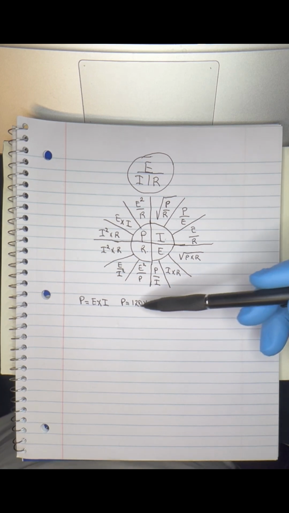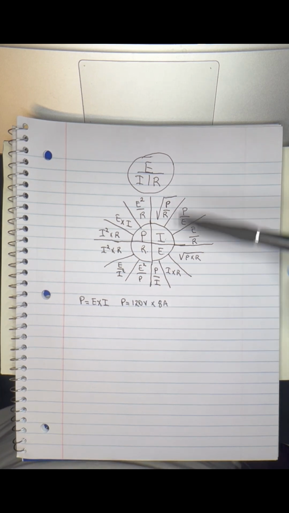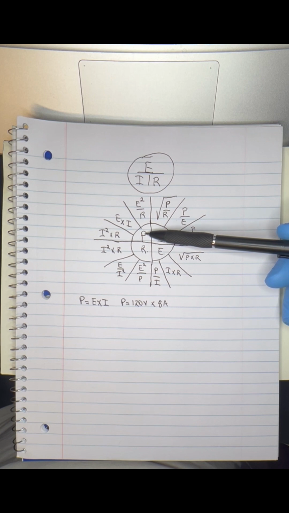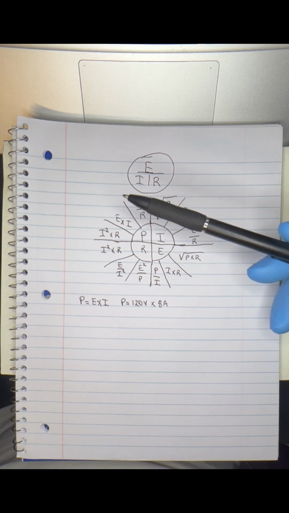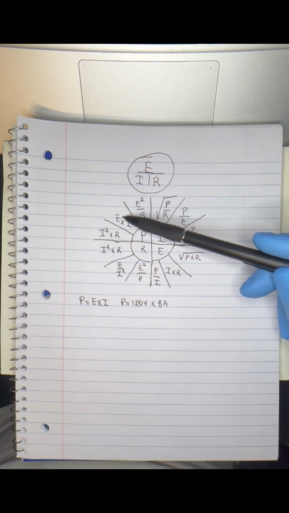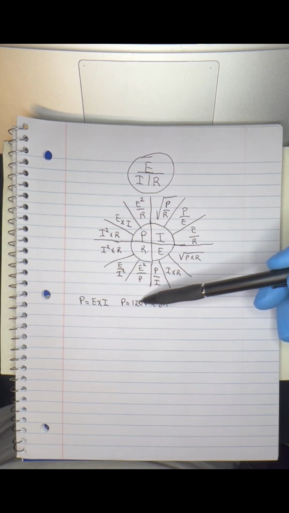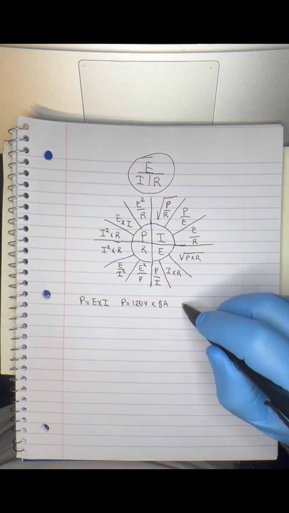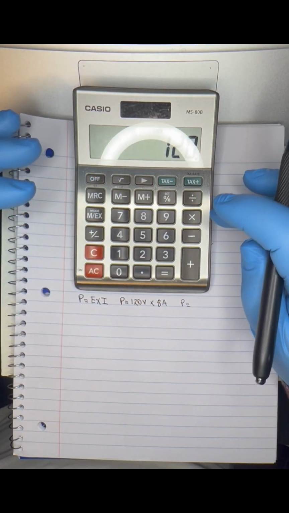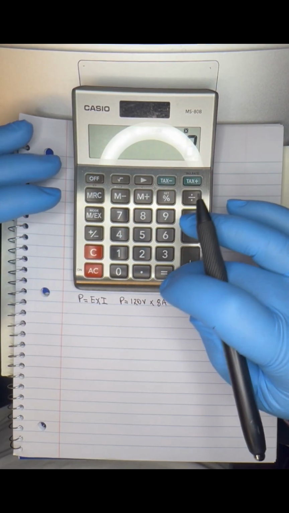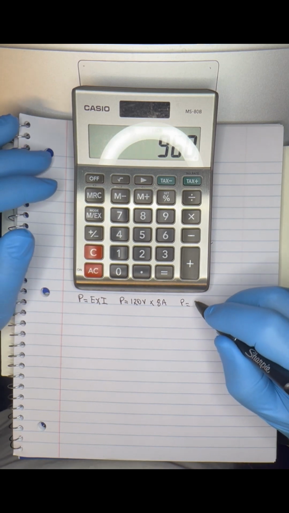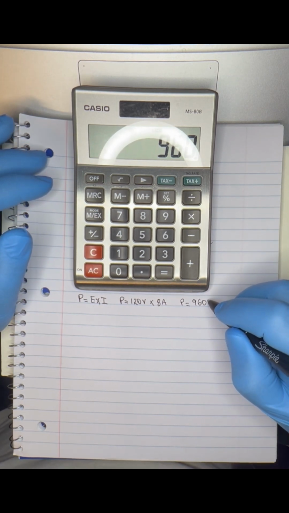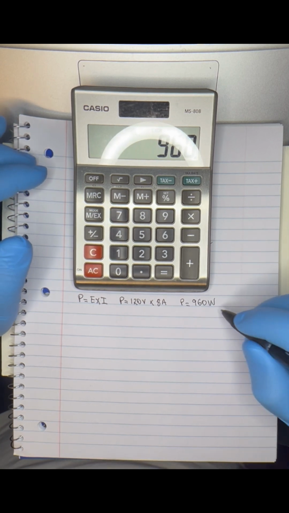So your relationship to power, Ohm's law says E times I. So E times I equals 120 volts times 8 equals 960 watts.